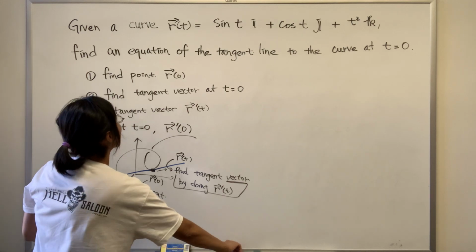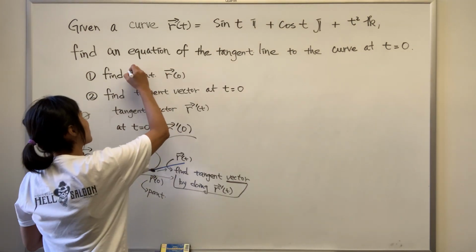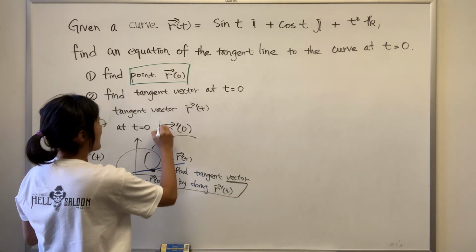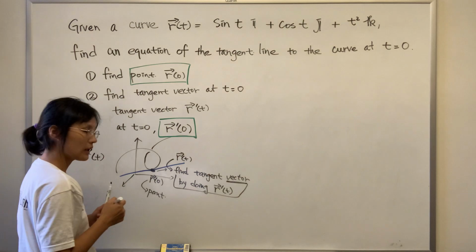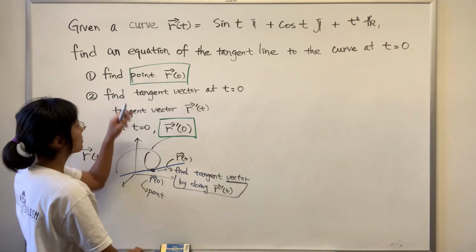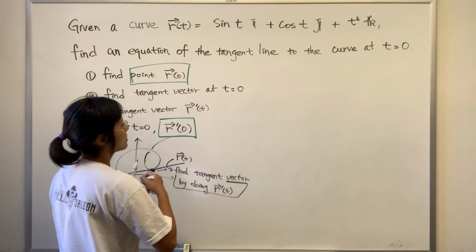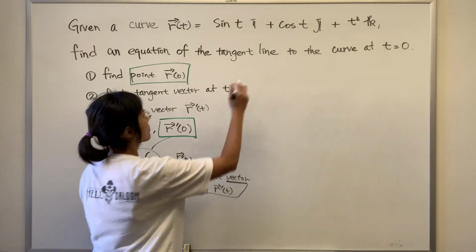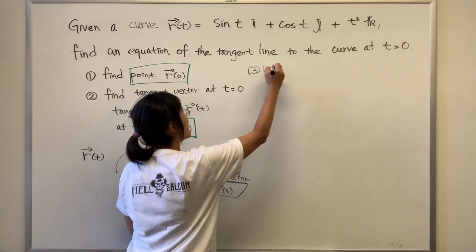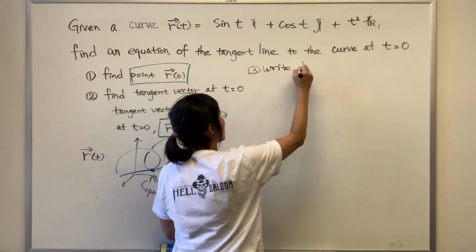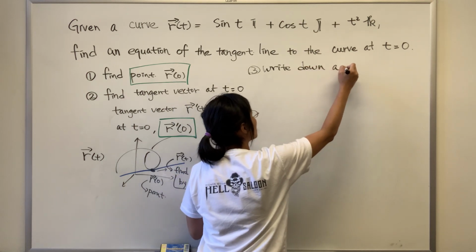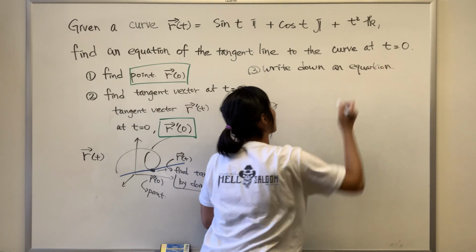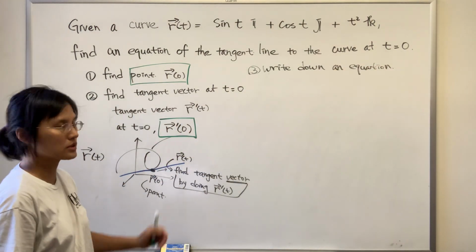Once you're done with these two steps, you have a point and you have a vector for the line. Then, using these two ingredients together, step 3, you write down an equation. So that's the framework. This is clear, and that's just doing it step by step.